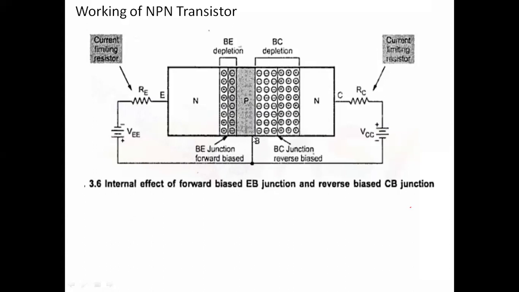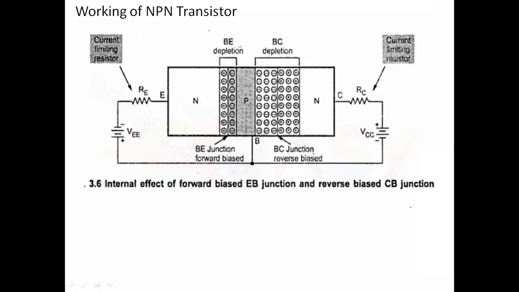The current between the emitter and base is called the base current, that is IB. And the current due to the electrons is called the emitter current. And here more number of electrons will cross this P junction and enter into the collector region.